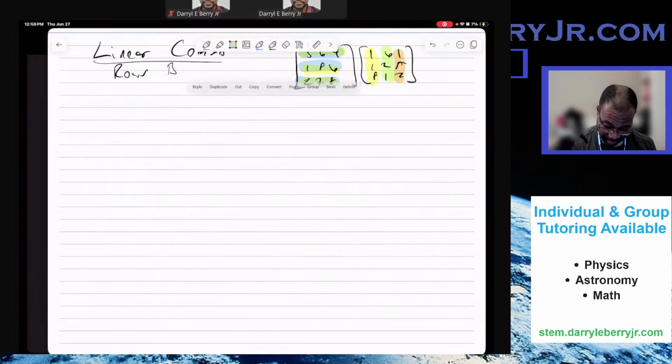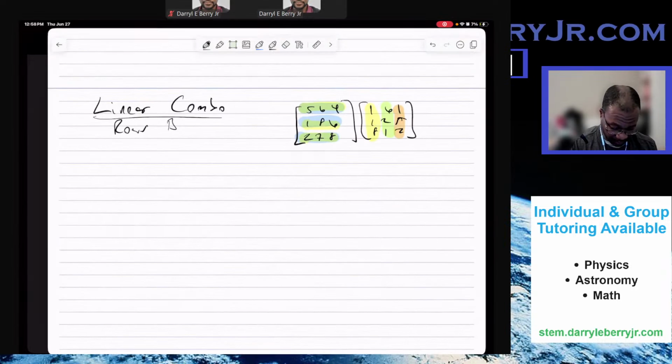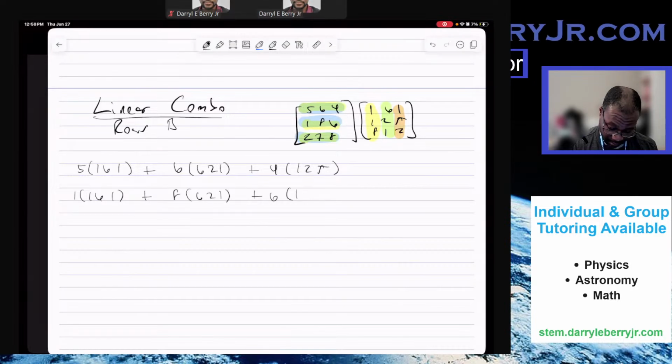So I need to do the first number times 1, 6, 1, but then it's the second number times 6, 2, 1. Then it's the third number times 1, 2, 5. So I need to alternate. Oh, that's 1, 5, 2.